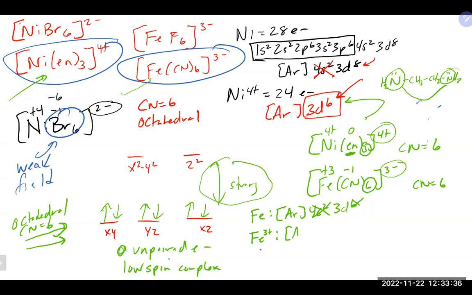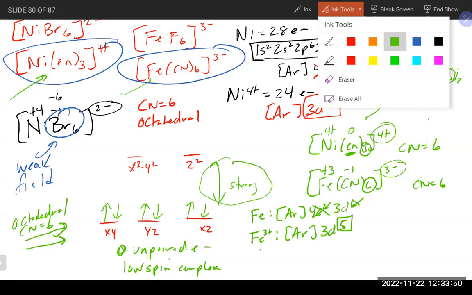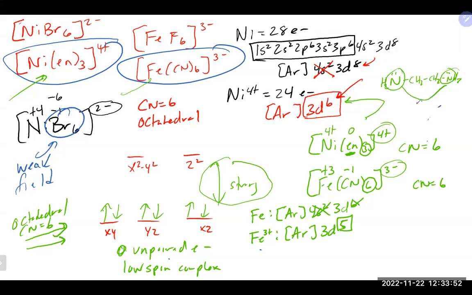That will leave us argon 3d5. So in this case, we're going to have 5 d electrons to distribute. And once again, I'm going to steal the same graph here.